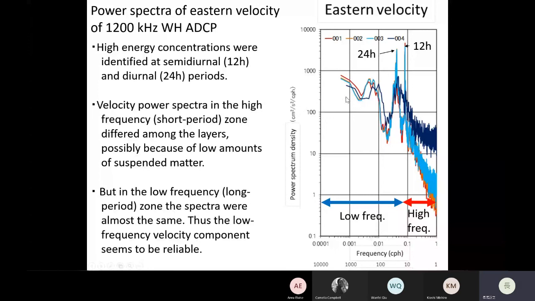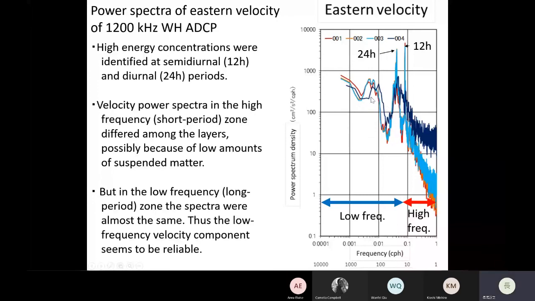And the velocity power spectra in the high frequency zone around here differed among the layers. It is possibly because of low amounts of suspended matter in the abyssal zone. But in the low frequency zone around here, the spectra were almost the same. Thus, the low frequency velocity component detected by the ADCP seems to be reliable.